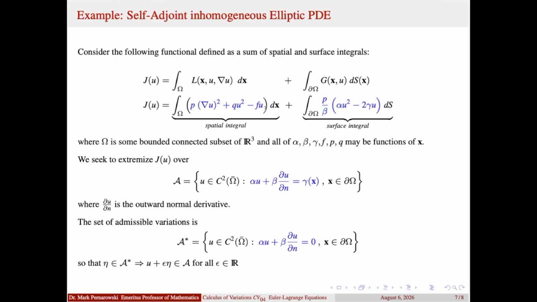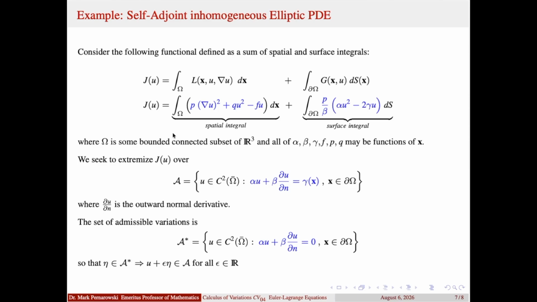It's quadratic in both u and the derivatives. And then the penalty function looks like this rather contrived thing here, which has got alphas in it, gammas in it, betas in it, p's in it. The p's are over here, q's are over there, f's are over there. All of these functions can be functions of x.